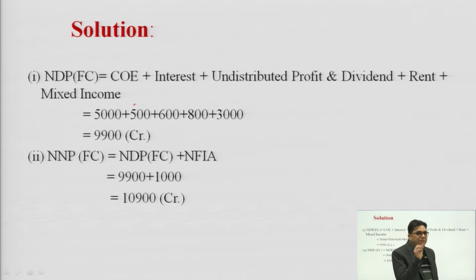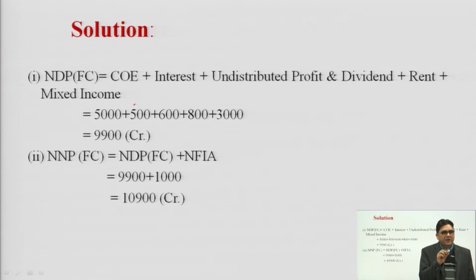Now, the figure we have reached by the income method is 9,900, but this income is NDP at FC, and where do we have to reach? We have to reach NNP at FC. So, we have domestic and we have to reach national.